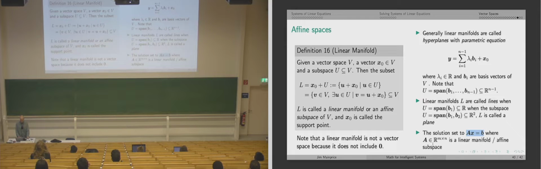This is called the non-homogeneous system of linear equations. It's called a homogeneous system when AX is equal to 0, and non-homogeneous when it's equal to B. So this is a linear manifold, or an affine subspace.